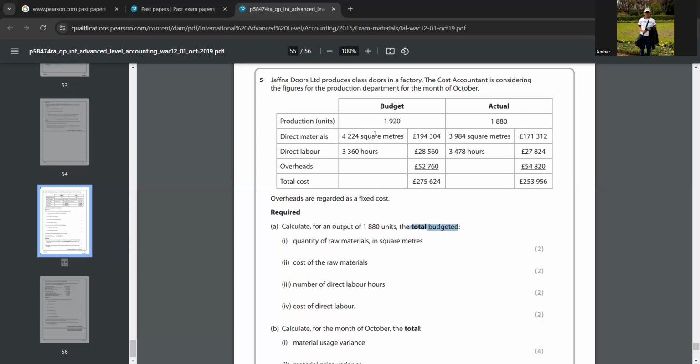So from this total budgeted, you take the direct material in square meters, 4,224, divided by 1,920. That answer multiplied by 1,880, then only you will get the value. Let me explain.